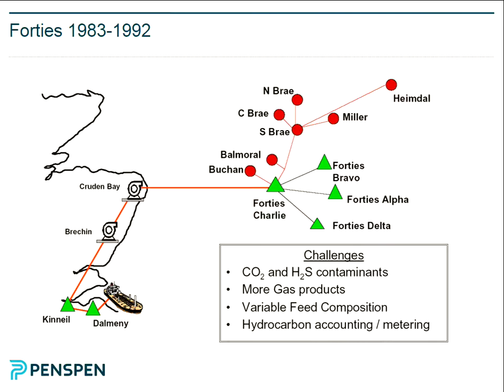Between 91 and 2000, it becomes incredibly complicated. And these are lots of different operators. These aren't all BP now. Some of these are Total, all sorts of different operators involved, all tied back to the Forties field, and they even built a new platform.